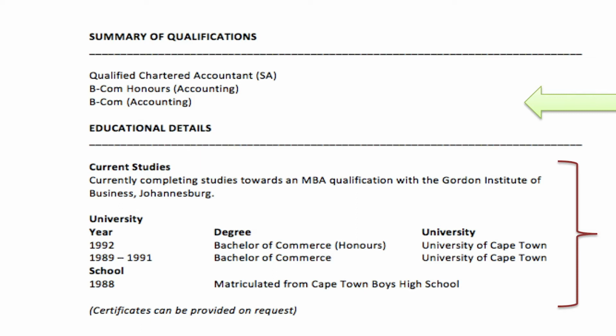When it comes to your educational details, put a summary of your current qualifications, your highest qualification, moving down to your earliest qualifications. Follow this up with your educational background, starting with any studies that you are currently completing. And then put down all the details of where you have completed your qualifications.